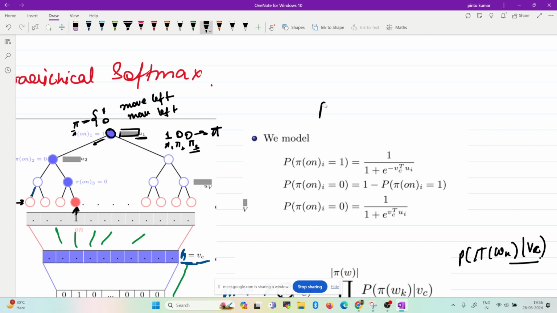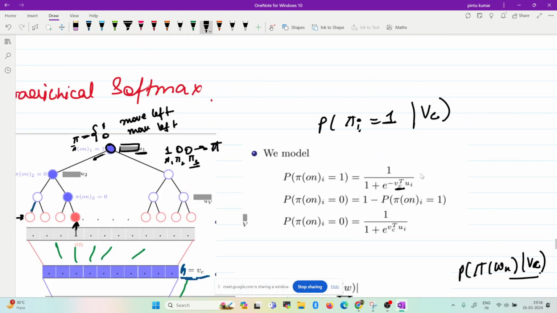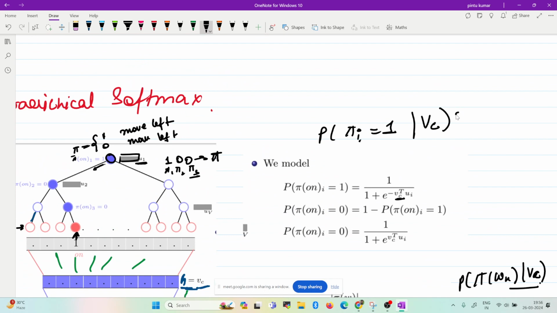So the probability that the ith element pi is 1 given vc is given by softmax between ui and vc. This is how you can model it.